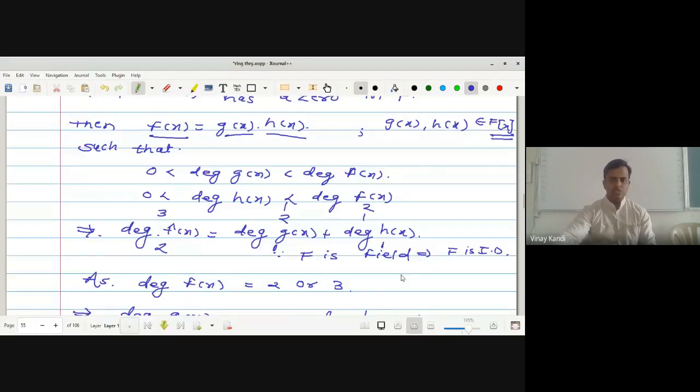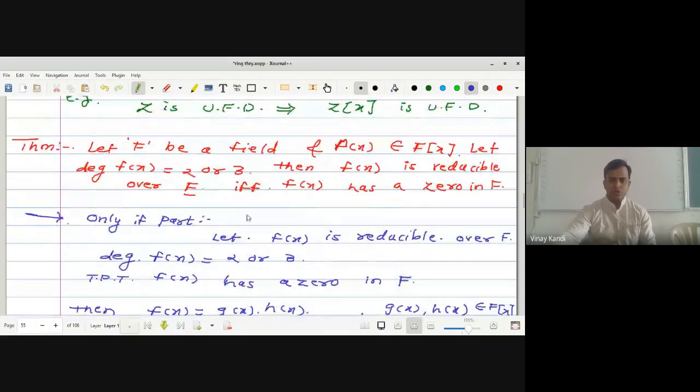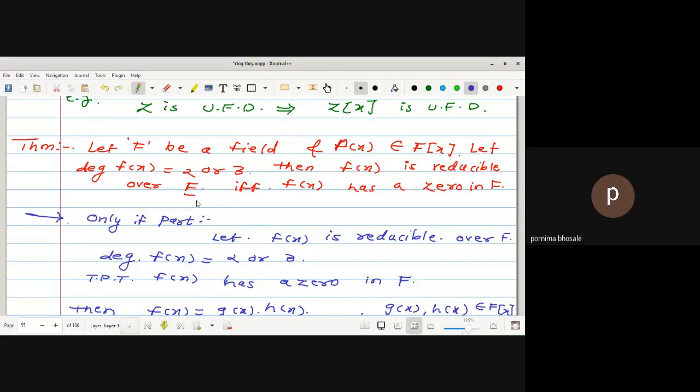So this is the theorem we proved: if f(x) has a 0 in F, then f(x) is reducible over F. Any doubt? No, sir.